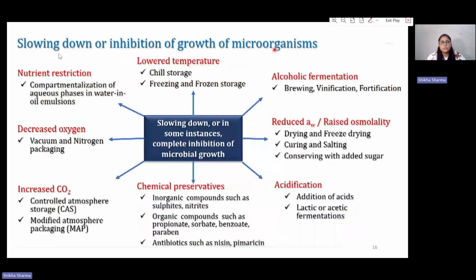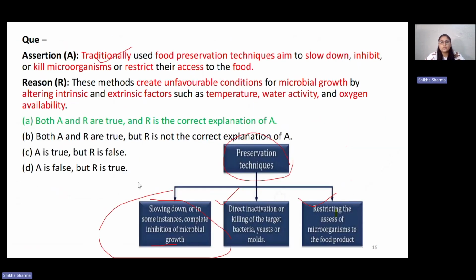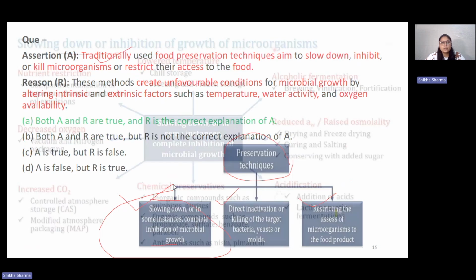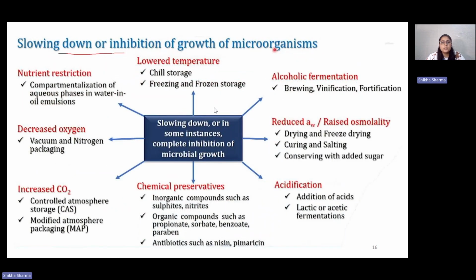So the first aim, or first method, is slowing down or inhibiting the growth of the microorganism for preserving the food product. How can we slow down or inhibit the growth of microorganisms? By lowering the temperature like chilling or freezing, or alcoholic fermentation like brewing, or fortifying or vinification.